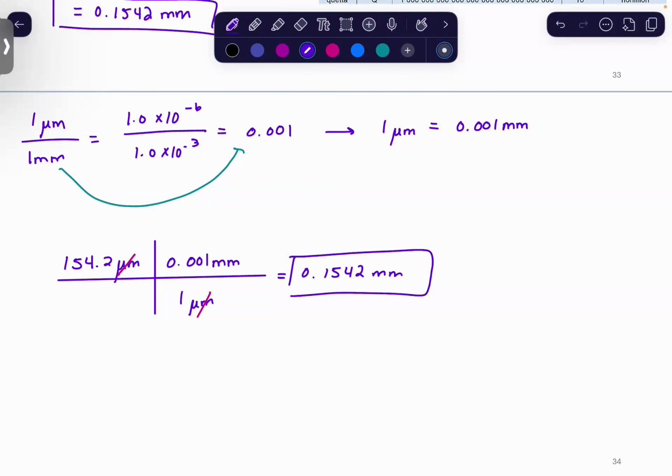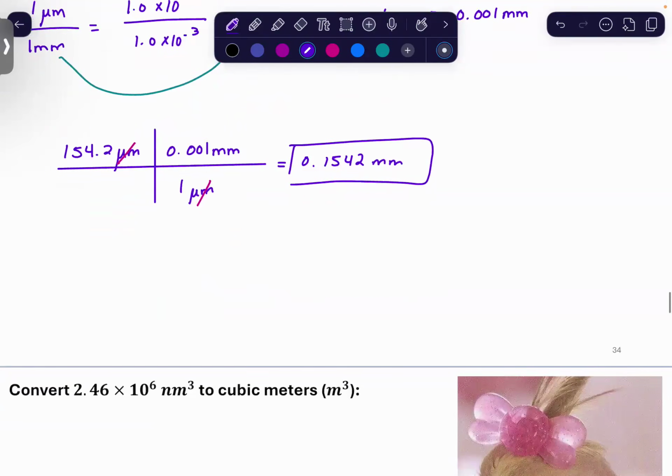Okay, so I use the train tracks. Maybe you saw your teacher in high school do it this way. You could just start with your 154.2 micrometers. Then I'm just going to multiply through by all my conversion factors in the proper way, having them flipped around to cross out the units that I'm trying to get rid of.